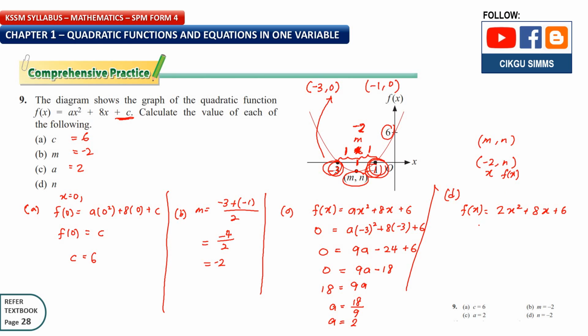Your x is -2. Okay, what is the value of fx? 4, 8 minus 16 plus 6. Okay, this 2 is -10, so -2. So n will be -2.